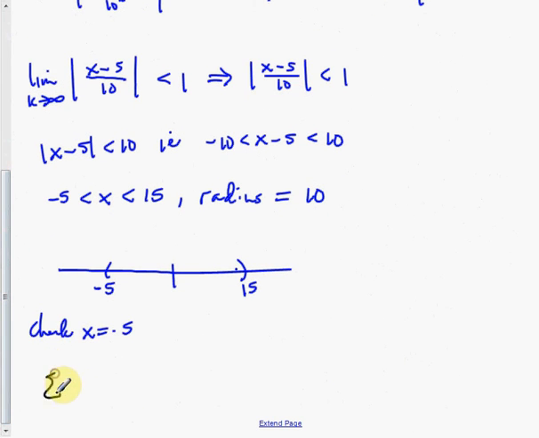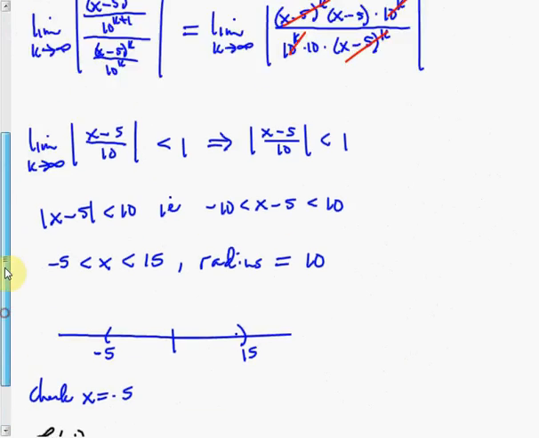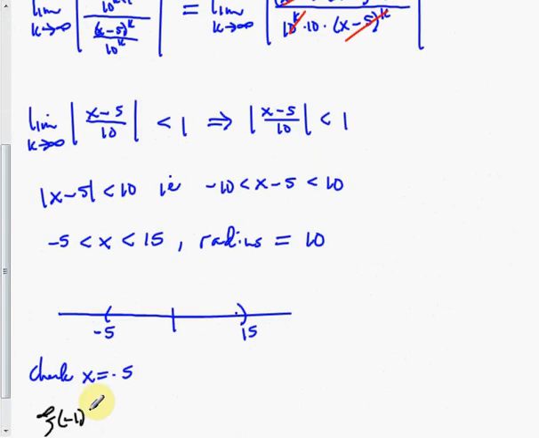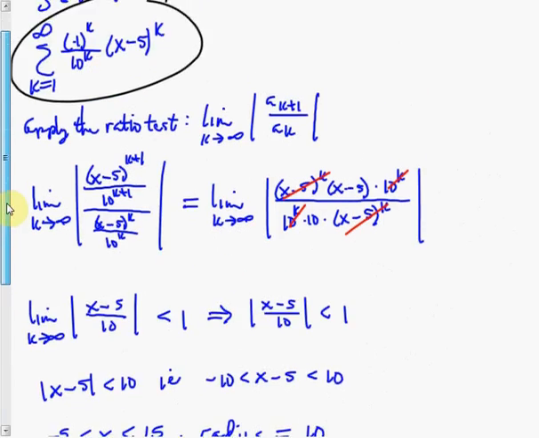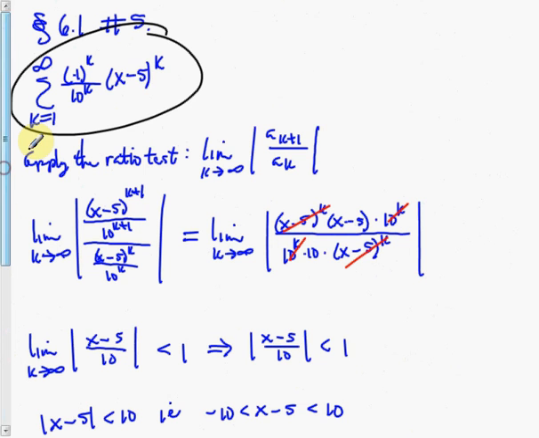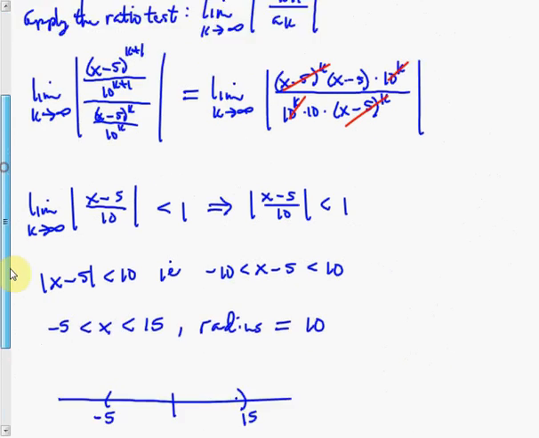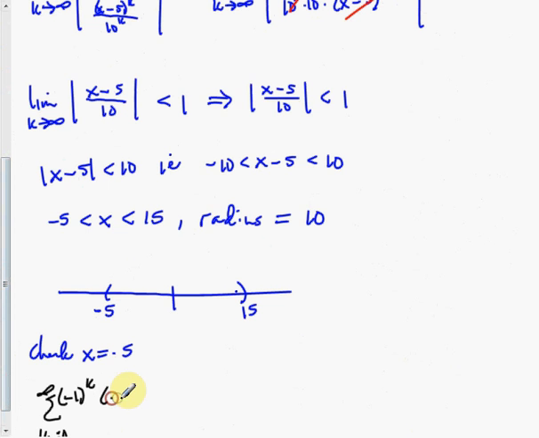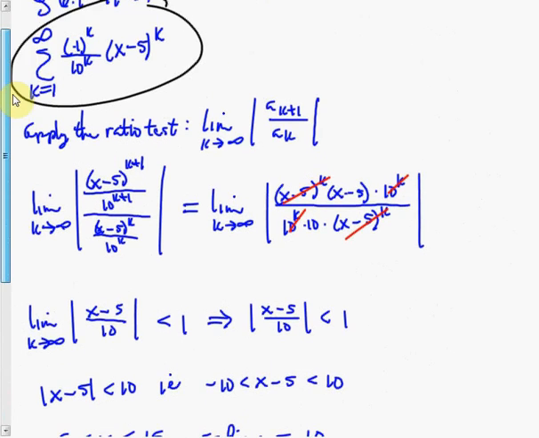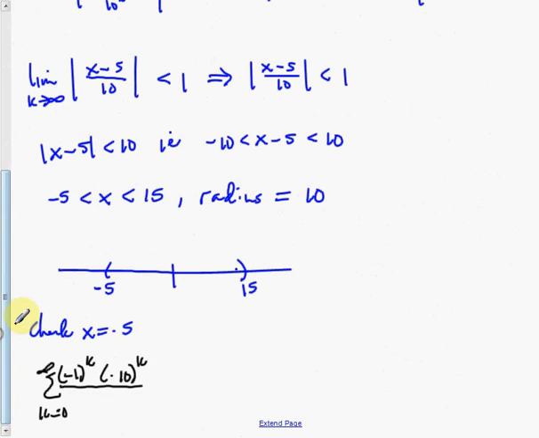So this is the summation as k goes from 0 to infinity of negative 1 to the k. Plug in x equal to negative 5. So here we get negative 5 minus 5, that's negative 10, to the k all over 10 to the k.